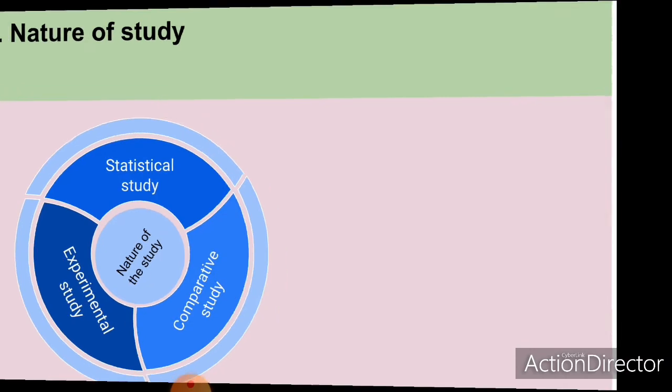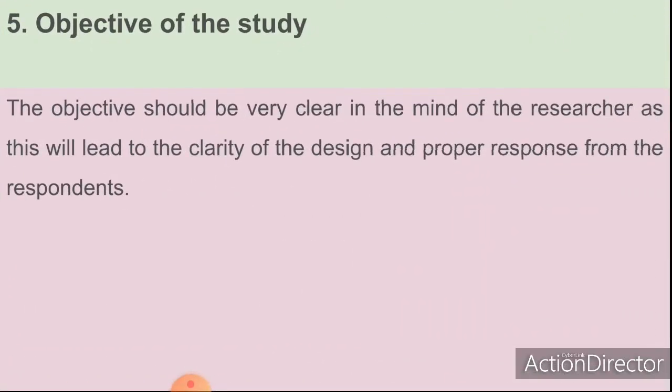Now next step in research design is the researcher should state the objectives of the study in clear terms. The objectives of the study differ with the nature of study and goal to be achieved. In short, the objective should be very clear in the mind of the researcher, as this will lead to the clarity of the design and proper response from the respondents.